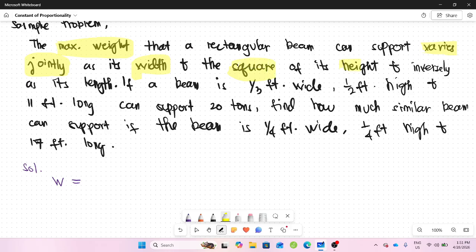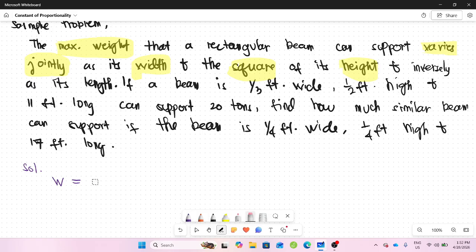Square of its height. So let's put it here. So varies jointly as its width. How do I write the width? Okay, width.